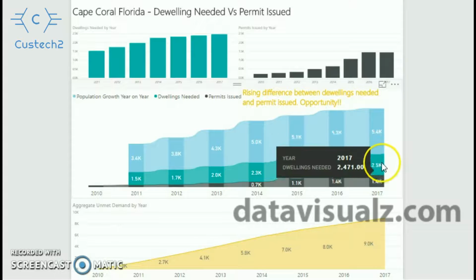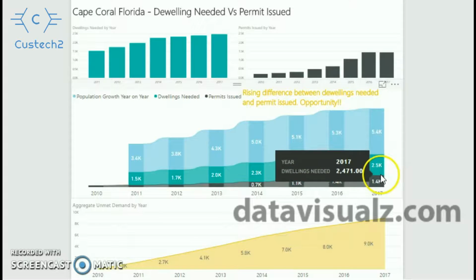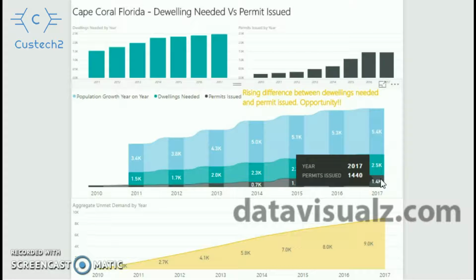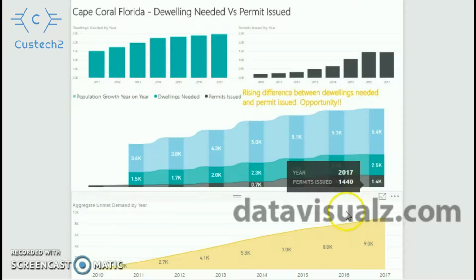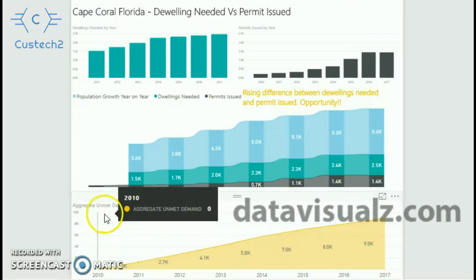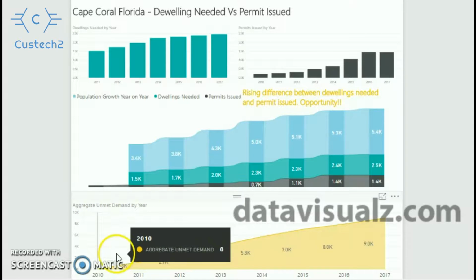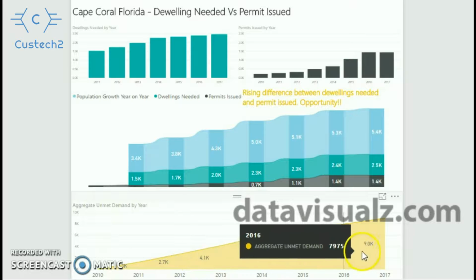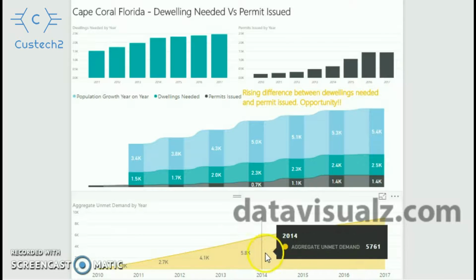So there is a big gap between dwellings needed and permits issued, and it means the unmet demand should be rising, and that is also clearly available here, that aggregate unmet demand by year from 2010 to 2017 has been increasing every year.